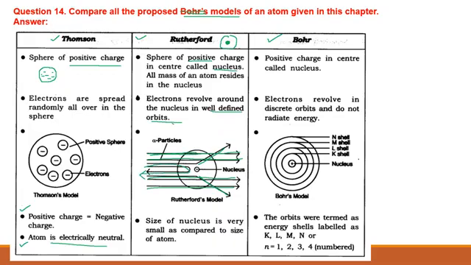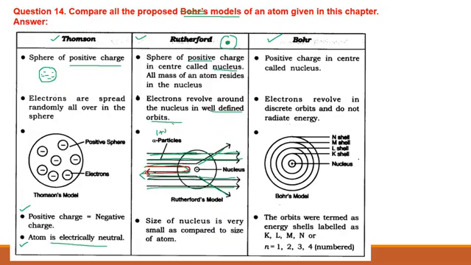Alpha particles are positively charged, right? So the rays which are going straight through the foil show that there is a lot of empty space, and the ray which is deviated at 180 degrees shows that there is a positive charge concentrated at the center.